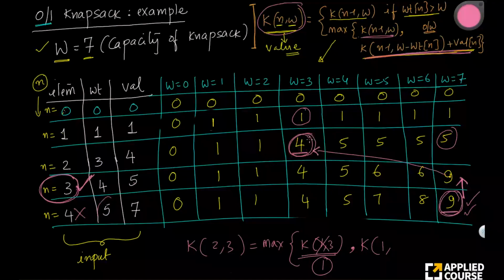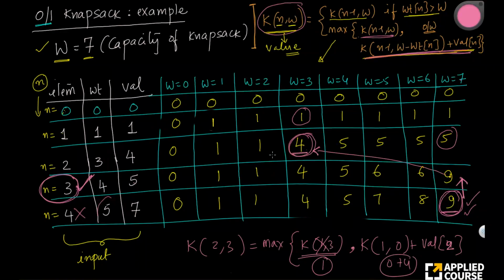The weight here, which is 3 minus 3, gives 0. The capacity of the knapsack minus the weight of this nth item. So this becomes K(1, 0), which is 0, plus the value of this nth item, which is 4.